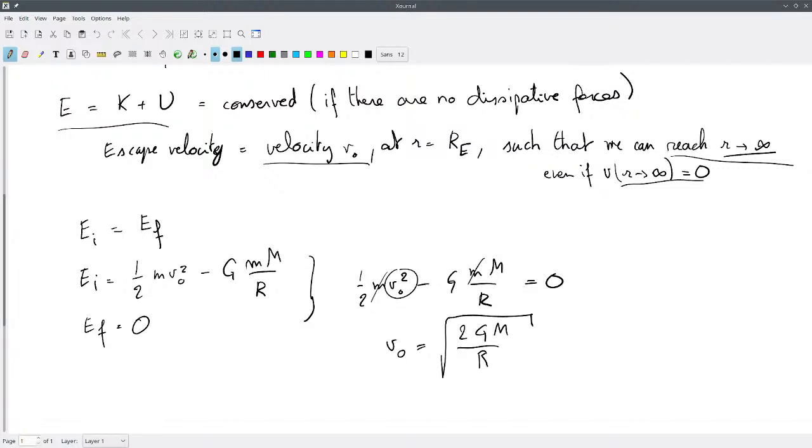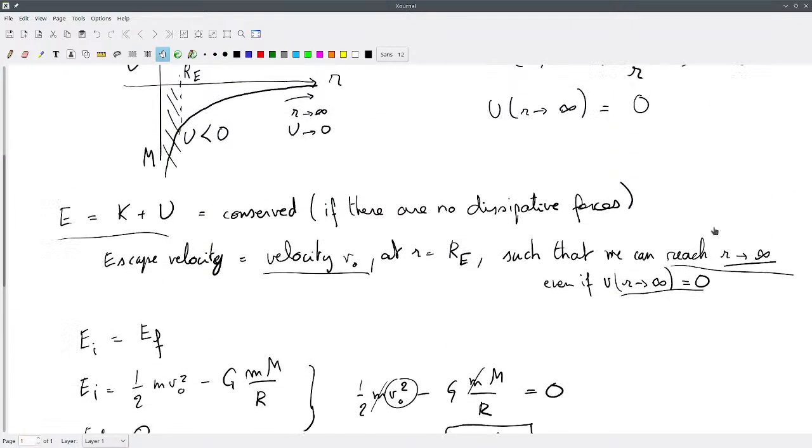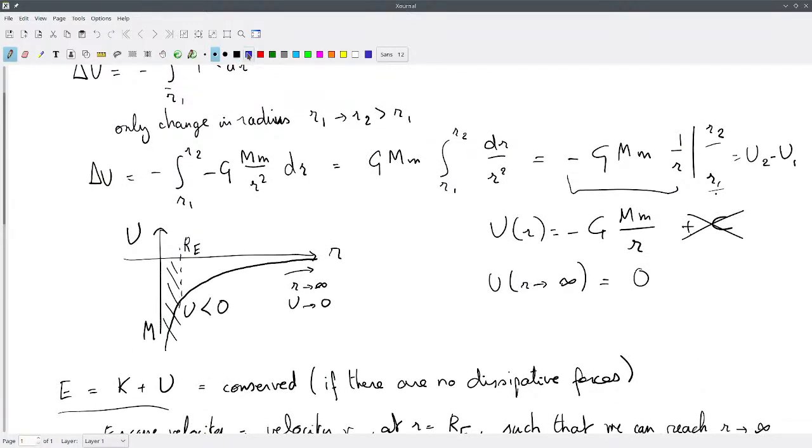So what we're doing here, if we look back at the little graph I've drawn, is we're giving an object at the surface of the Earth a kinetic energy such that we end up with a total energy exactly equal to 0. So this is also a total energy axis. What will happen then is the object will go to a larger radius. It will remain at that same total energy. The kinetic energy contribution will decrease till it's 0, and the potential energy will increase.